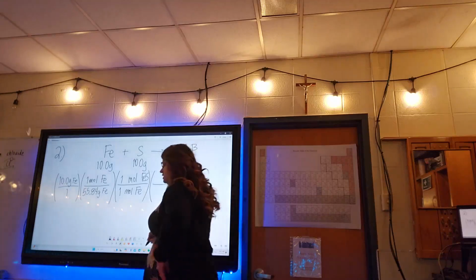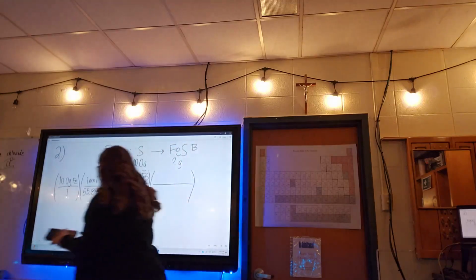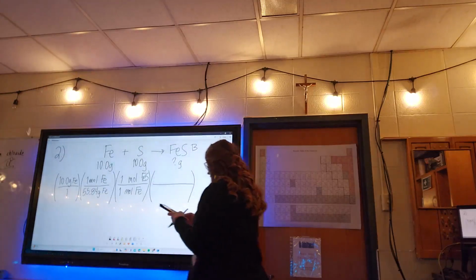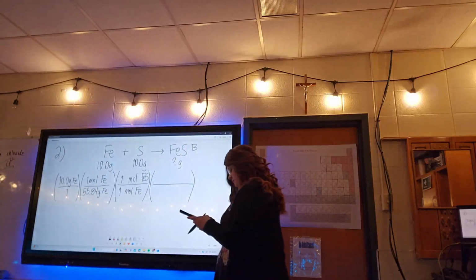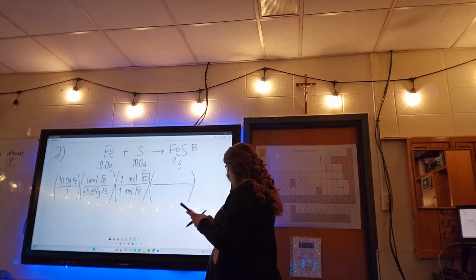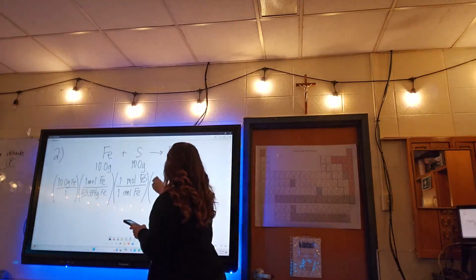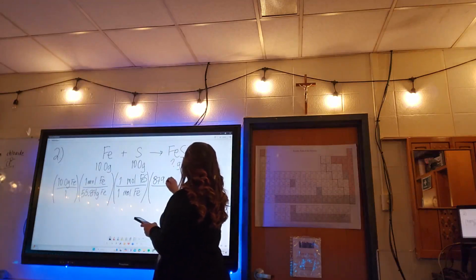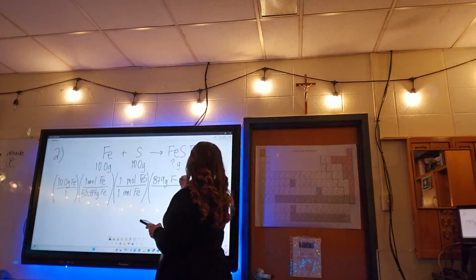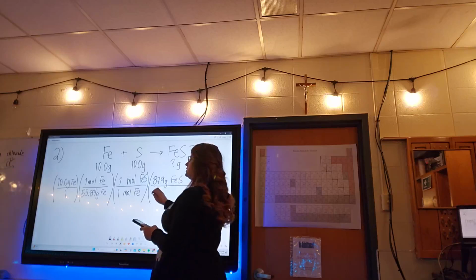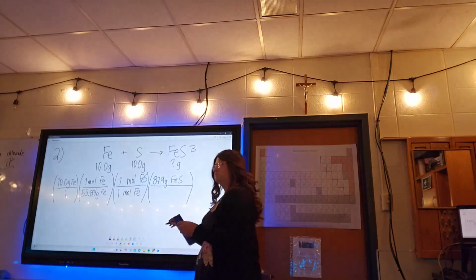Okay, so now we do need to calculate the formula weight of that compound. 55.84 plus 32.06 is 87.9 grams of FeS. What goes on the bottom of this fraction? Good.